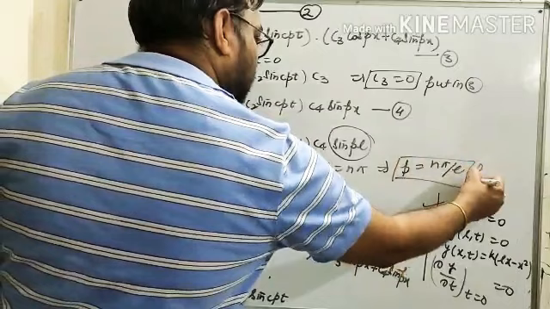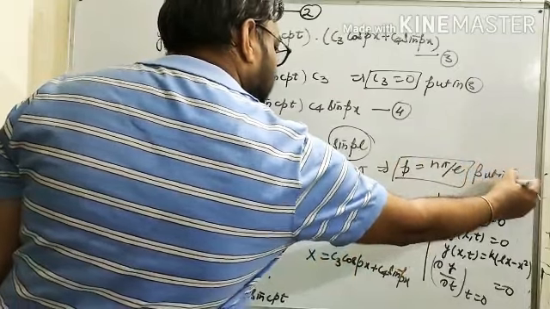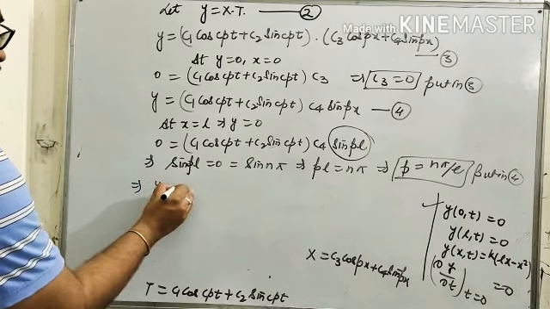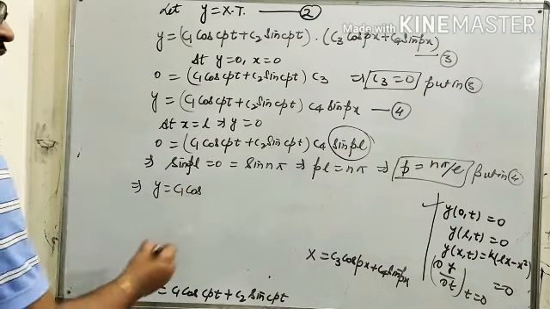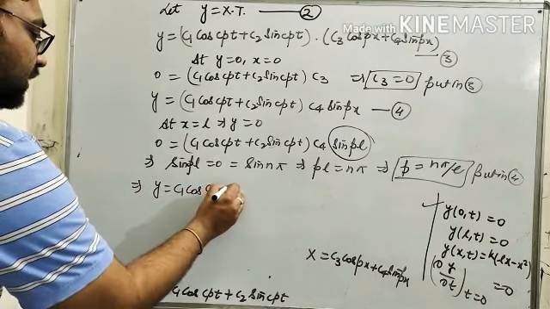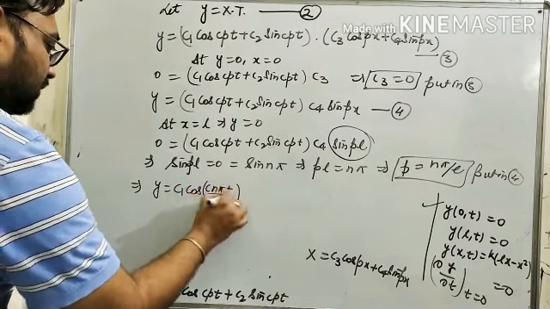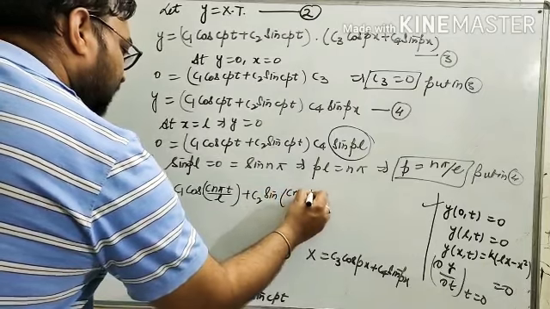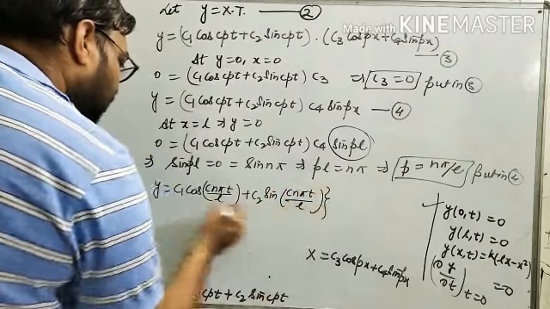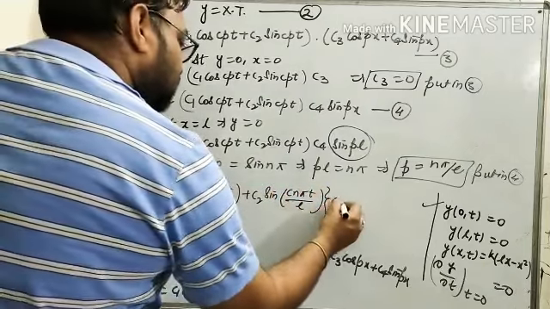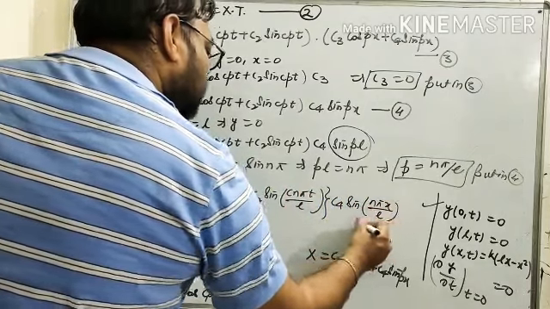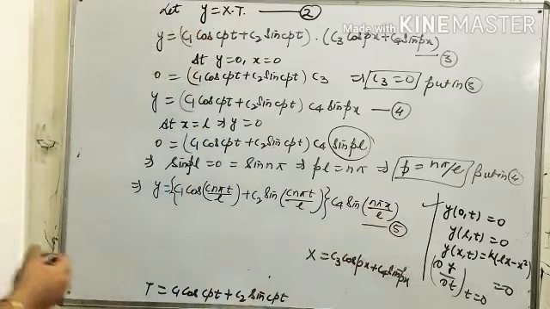So putting in equation 4, y equals (C1 cos Cn pi t upon L + C2 sin Cn pi t upon L) into C4 sin n pi x upon L. This is equation number 5.